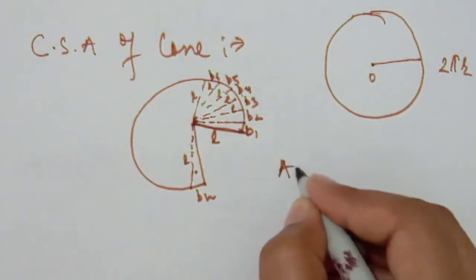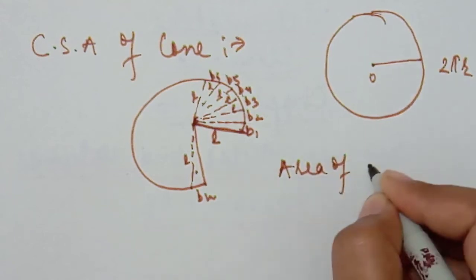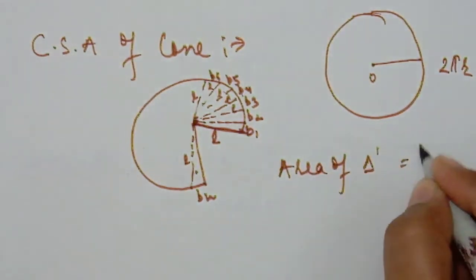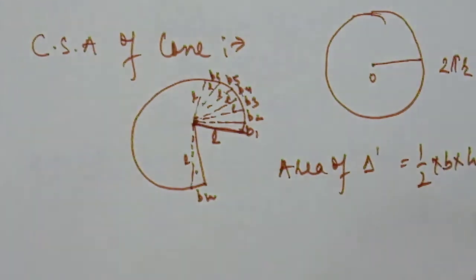We know that the area of a right angle triangle is half into base into height.